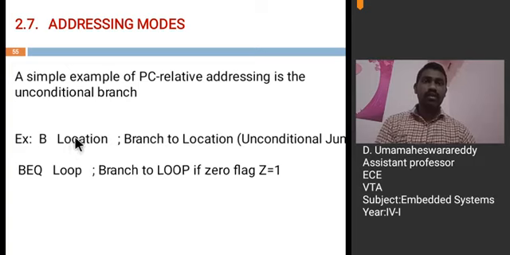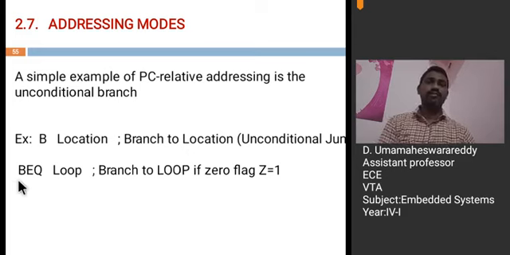Right now, this location address is added to the current instruction address for jumping from this address to the location address. This type of jumping is there, no? Here PC relative addressing mode is used.